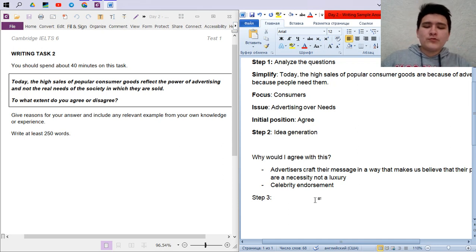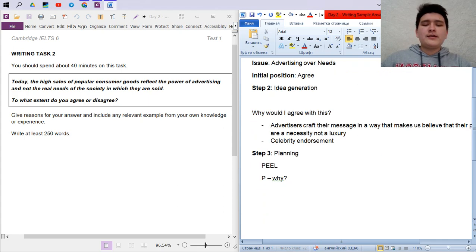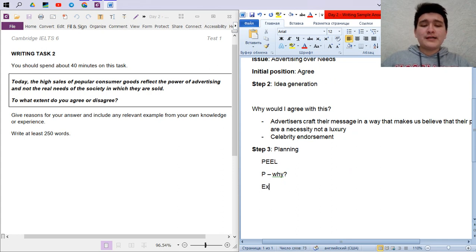So step three is planning, and I apply what I call the PEL method, right? PEL basically means point, so point why. Then an explanation, which is how that why is possible, and then evidence or example, and how, so how does the explanation hold true.